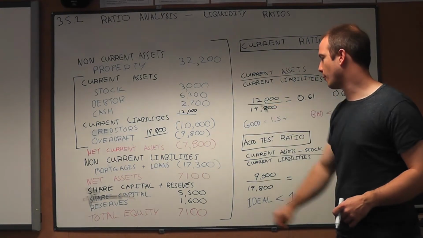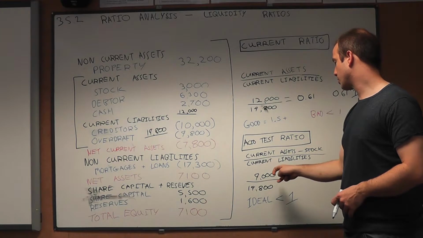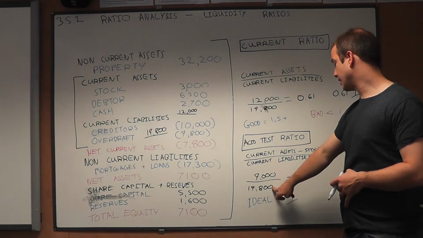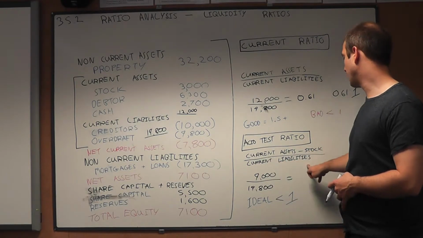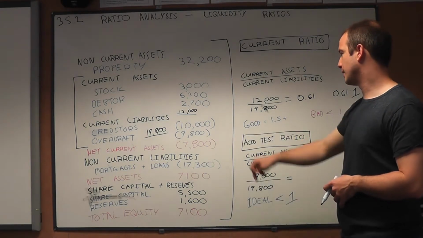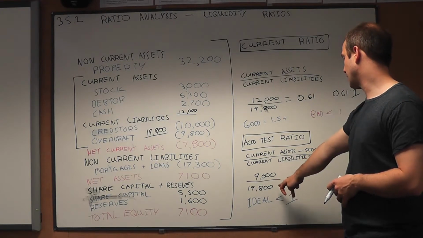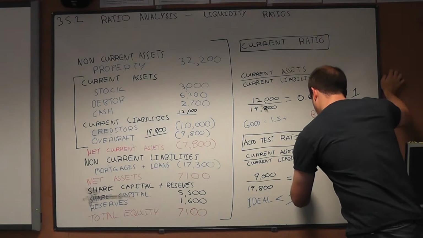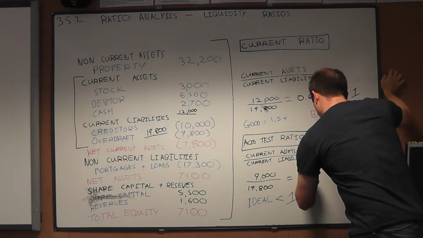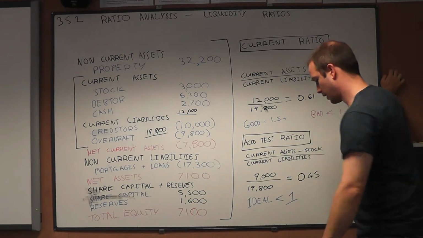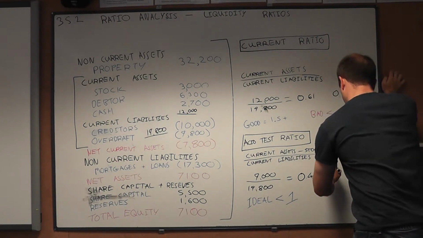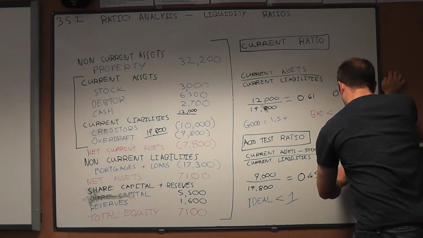So we'll take that away, which gives us 9,000 million pounds, divided by our current liabilities. Our current liabilities, as previously, is 19,800. Okay. So our acid test is 0.45 to 2 decimal places. So we can say that as 0.45 to 1.